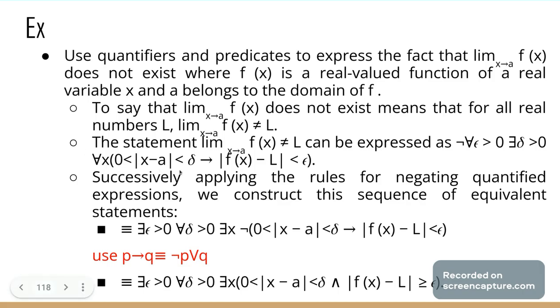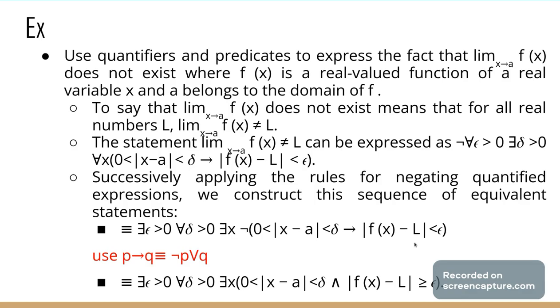But now this is a logical expression. To do the negation of this expression, first we will change P implies Q to not P or Q. Please look at my arrow.